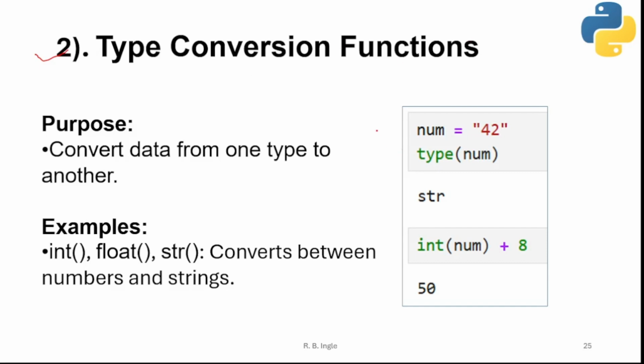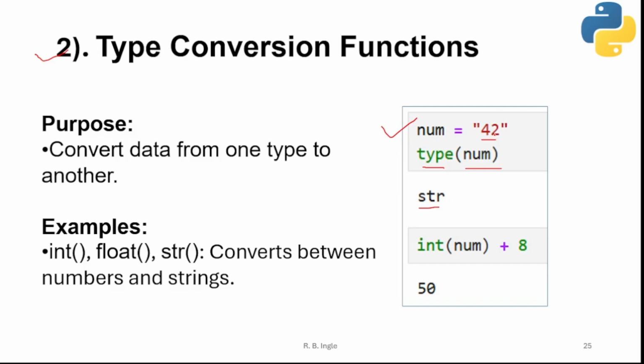Here an example is shown: num equal to, in double quotes, 42. Whenever we write anything inside double quotes or single quotes, it is a string value, right? I am checking the type of num, and it is telling that it is a string. When it is a string, we cannot do mathematical operations with it.